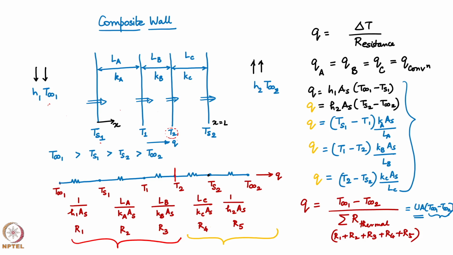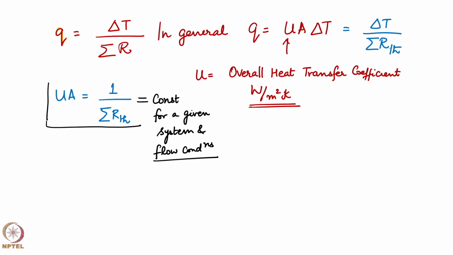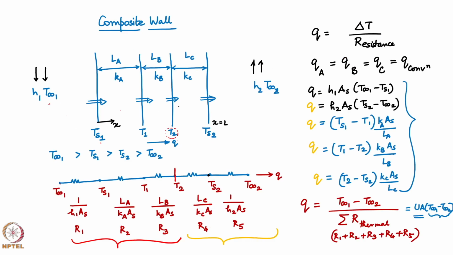Having fixed a problem, having fixed the dimensions of these different materials, the values of the heat transfer coefficients which are going to be there, the fluids which are causing that, etc. All I am trying to say is, once these resistances are fixed, the summation is a constant, which means U times A is a constant. Overall heat transfer coefficient times area. What is this area? Just like you had H into A, UA can be based on any of these things.